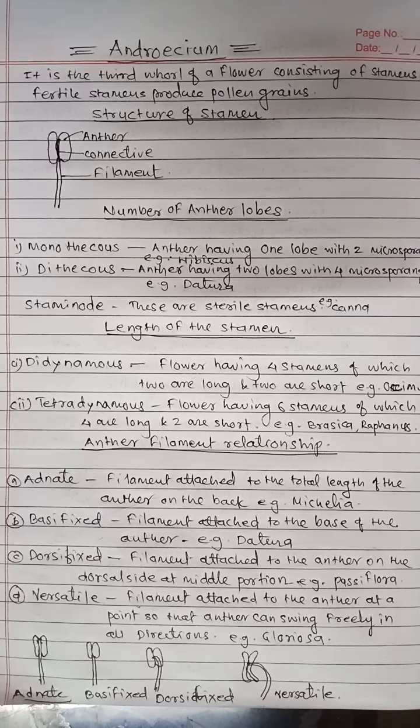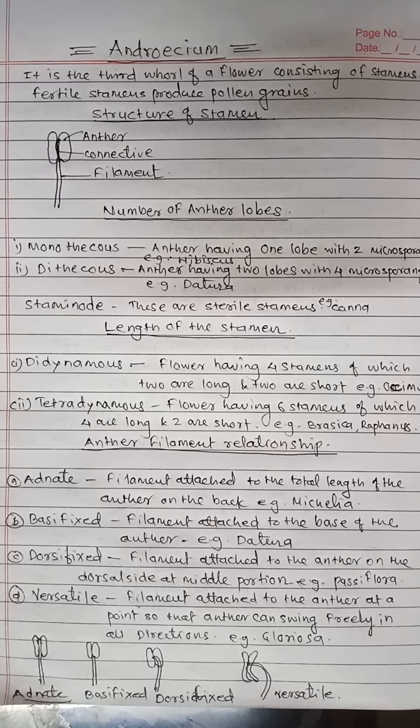Then the number of anther lobes. Monothecous: the anther having only one lobe with two microsporangia. An anther generally consists of two lobes, and in each lobe there are two microsporangia or pollen sacs.